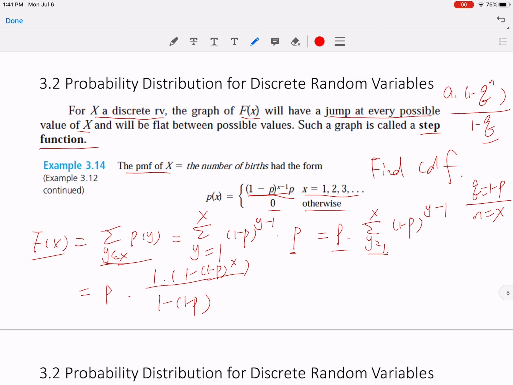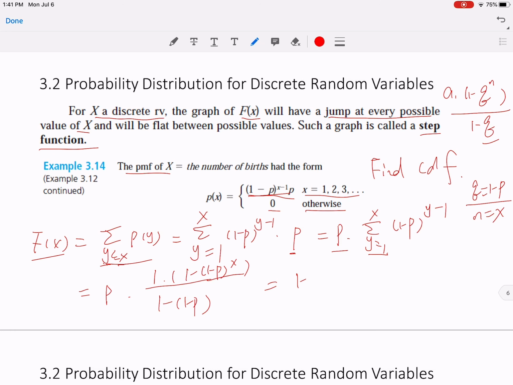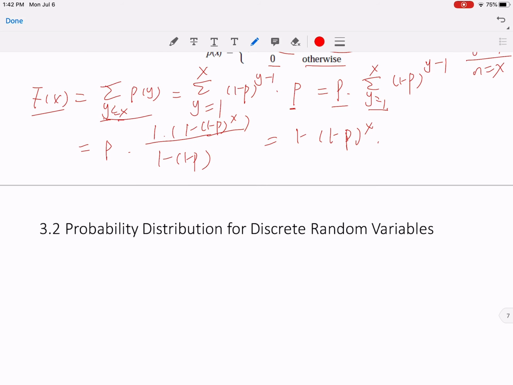And then this would be equal to 1 minus (1 minus p) to the power of x. How do we get that? We can simplify this fraction a little bit.